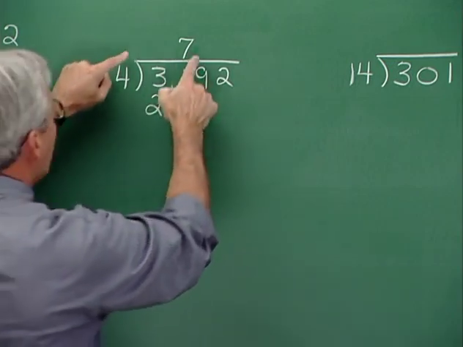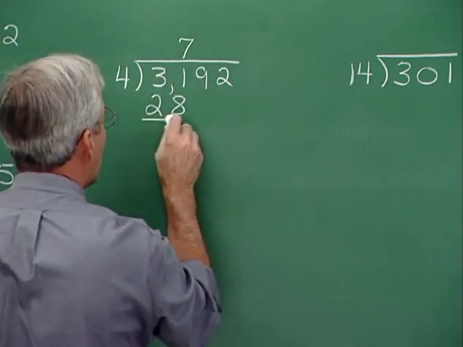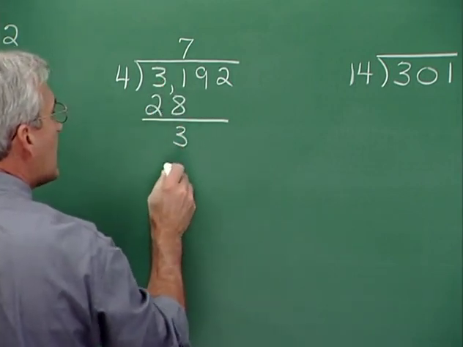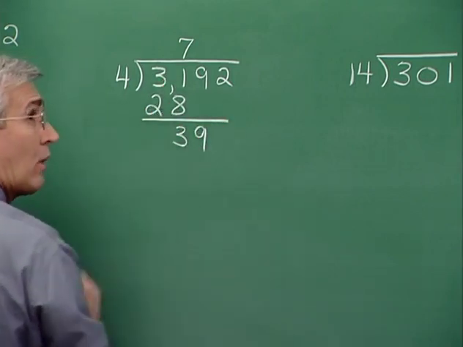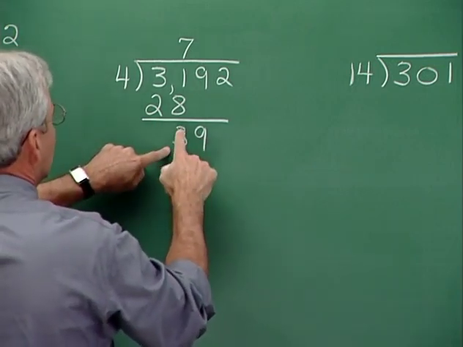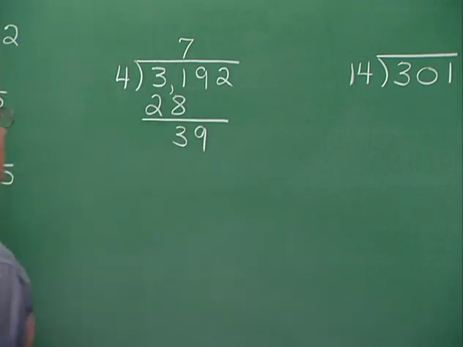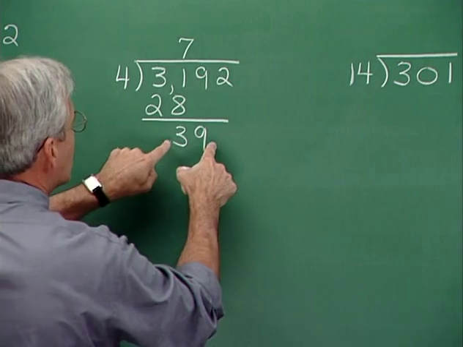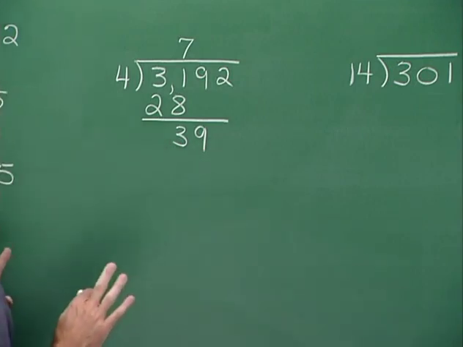At any rate, we go through like this. 7 times 4, 28, then we draw a line and subtract. 28 from 31 we find to be 3. And we bring down the next digit and away we go again. 4 into 39. Let's see, 4 into 39, it doesn't go evenly. I'm thinking about the largest multiple of 4 that is less than 39. That's a way to think about it.